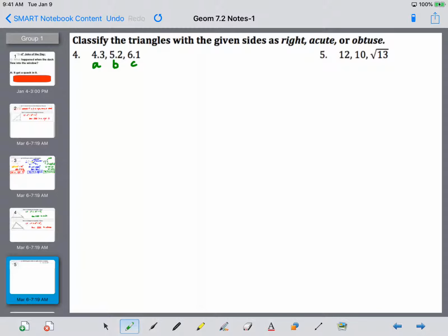It just makes life a little easier for us. So we're going to say 6.1 squared, that's C. And we are comparing that, so we want to see how that compares to 4.3 squared plus 5.2 squared.